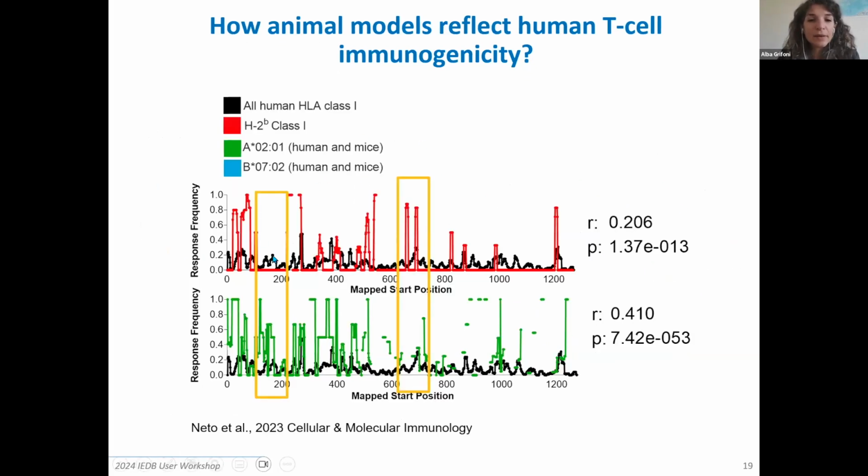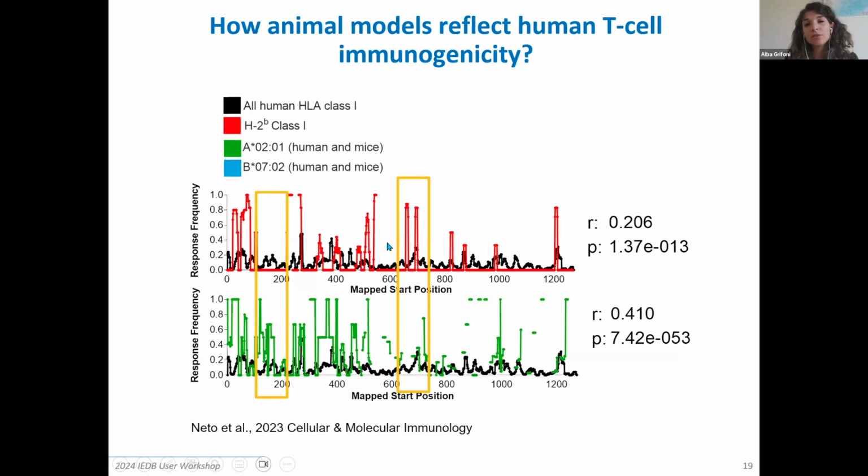And here is even more in depth when you want to look at the region. Let's say that you are interested in focusing just on a fraction of the protein. Sometimes if you focus only on a fraction of the protein, that might be immunogenic in humans, but not necessarily in mice.